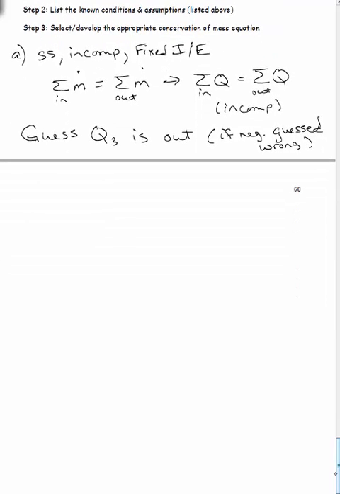So we have our equation: sum of the Q in equals sum of the Q out. Q1 equals Q2 plus Q3, since I said Q3 is an outlet. We're trying to solve for Q3, so Q3 equals Q1 minus Q2.